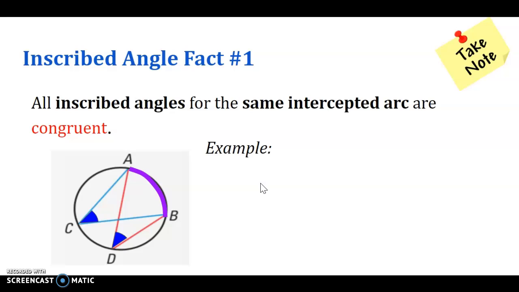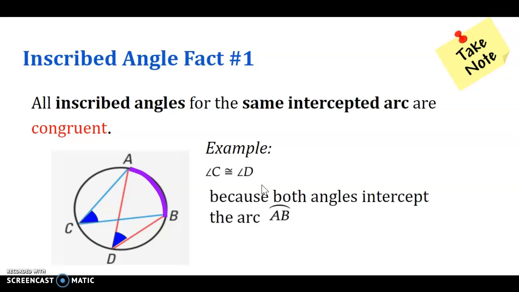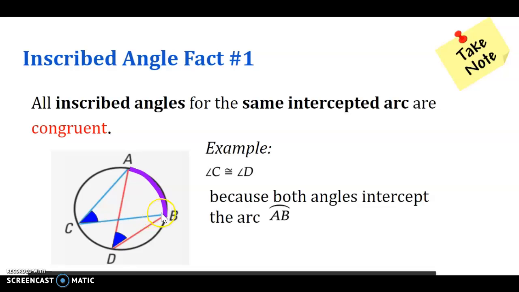It does not matter where the vertex is on the circle, it's always going to be congruent. So angle C is congruent to angle D because both angles intercept the arc AB. Given one particular arc, it's always going to be the same.